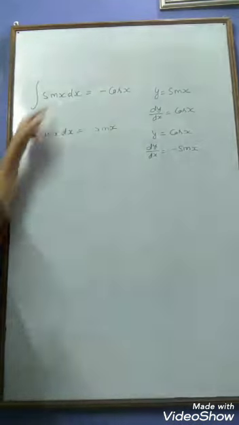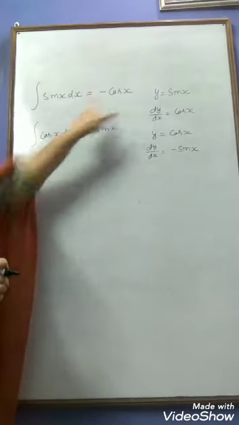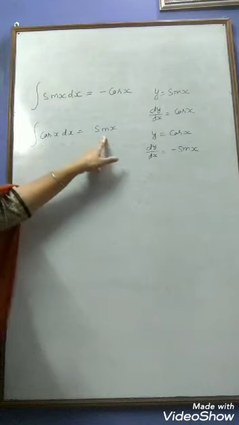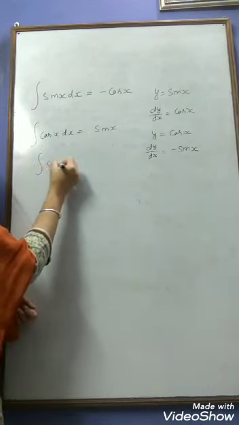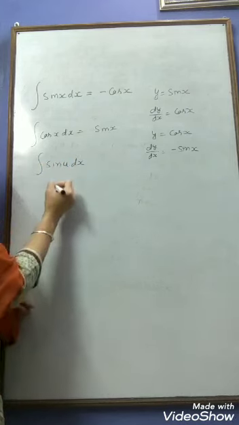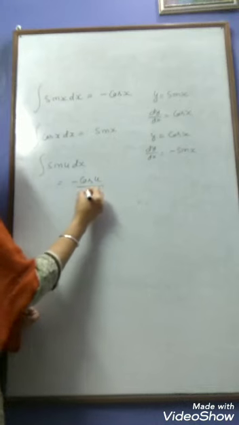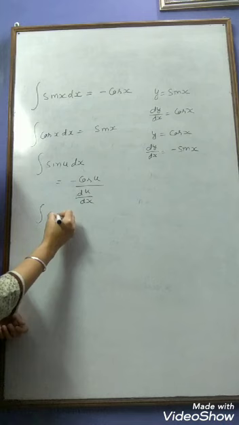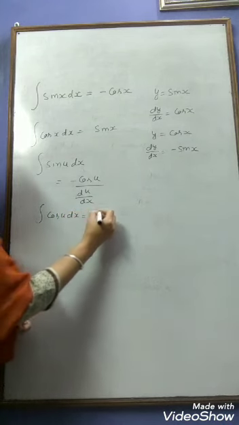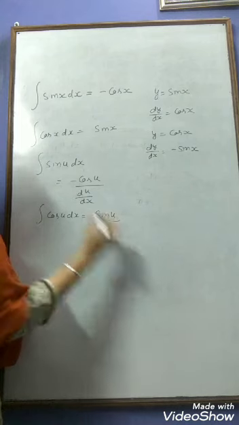So it is the reverse. Integration of sin x is minus cos x, integration of cos x is sin x. Or if we again have sin u dx, then minus cos u over the derivative of u. And if cos u dx, sin u over the derivative of u.